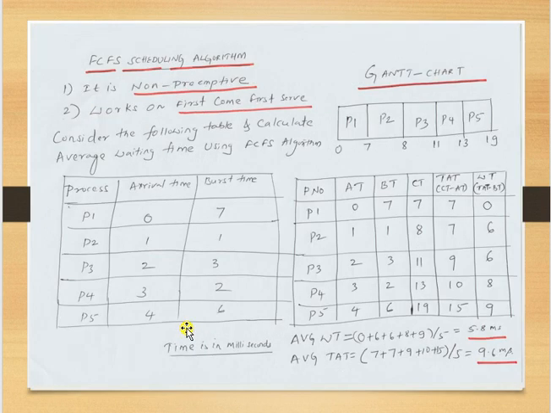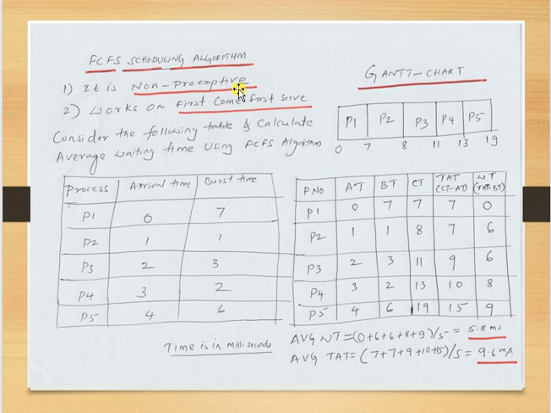Next, today I wish to solve one more problem in the first come first serve scheduling algorithm. As you are already aware, it is a non-preemptive mode. What is non-preemptive?